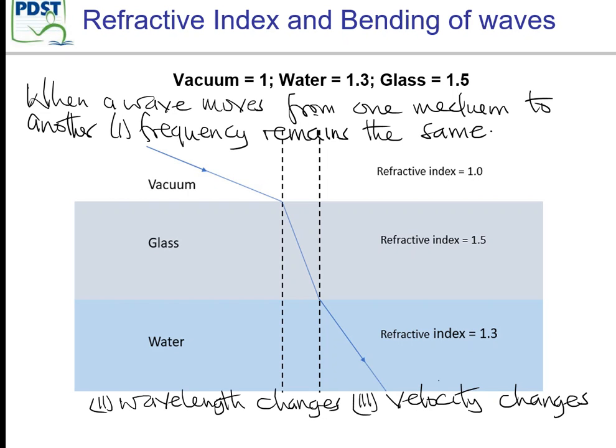If the wave, like light in vacuum, has the velocity of 3.0 times 10 to the power 8 meters per second, light in glass has velocity less than this value. The same thing, light in water has a velocity less than that value. So if you change mediums, the velocity of the wave changes, and the wavelength of the wave also changes. But frequency does not change. Frequency remains the same.